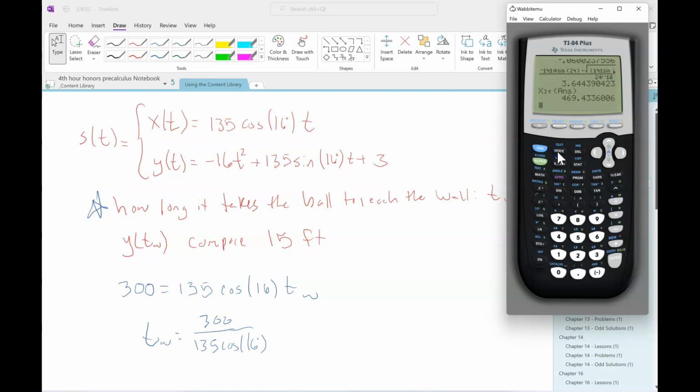So far, so good. Let's do this. I'm going to type this in here also because we'll look at the graph in just a second.